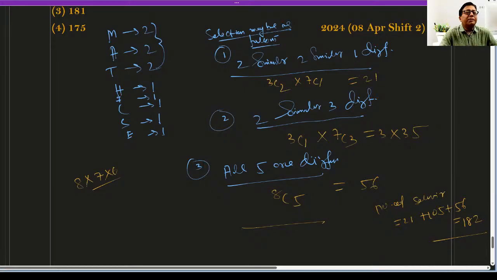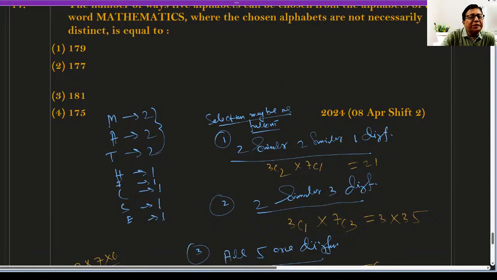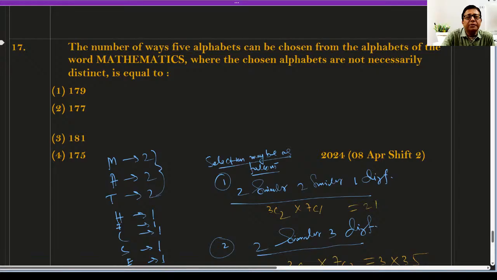The number of words coming before it will be 181, otherwise it will be 182. No, just selection of alphabets, nothing else. The method is correct, you have understood or not?